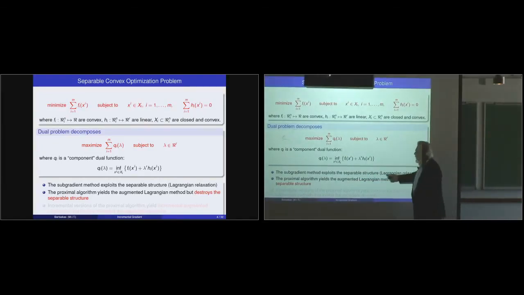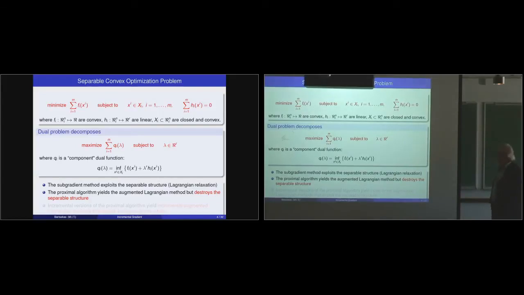The separable structure that is very evident here and is exploited by Lagrangian iteration is destroyed in the augmented Lagrangian setting, because the quadratic term that's involved in this method couples the terms of the constraint. Now I'm going to get back to this. I'm going to skip for the moment any further explanation, but I'm going to get back later in the talk.